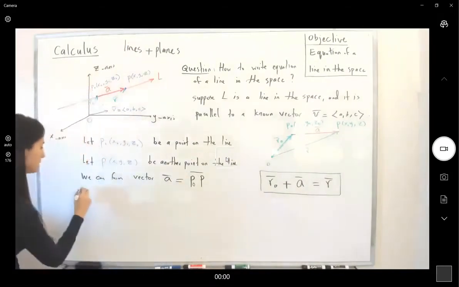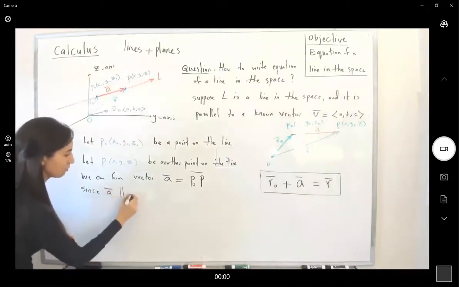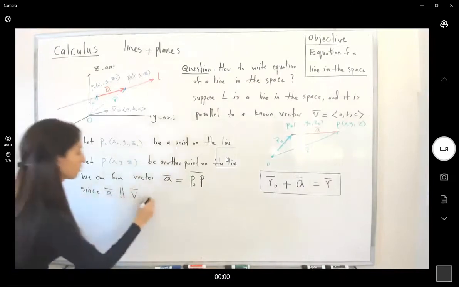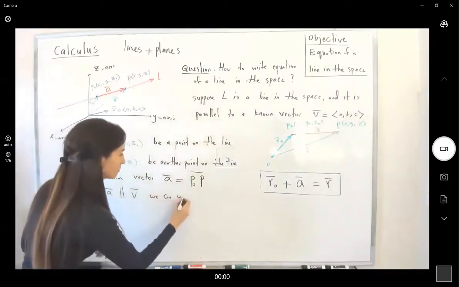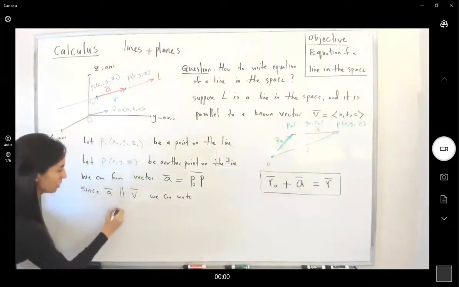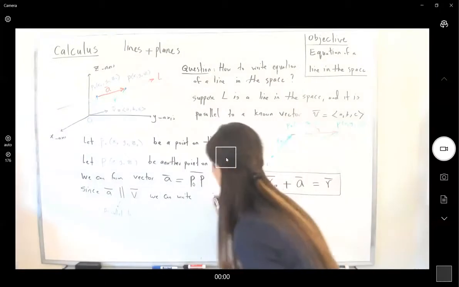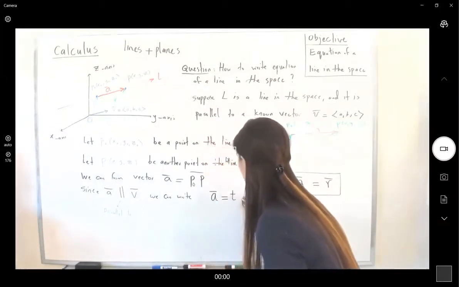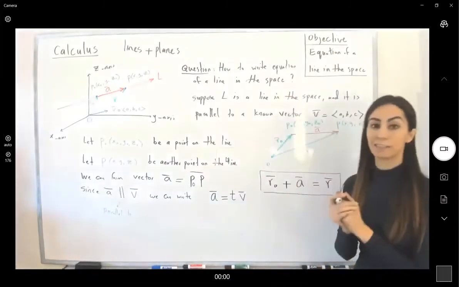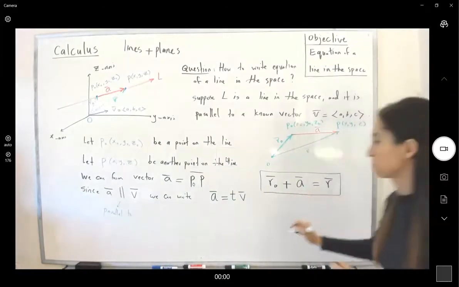So since vector A is parallel to vector V, we can write vector A as T times vector V. And we can replace that here.